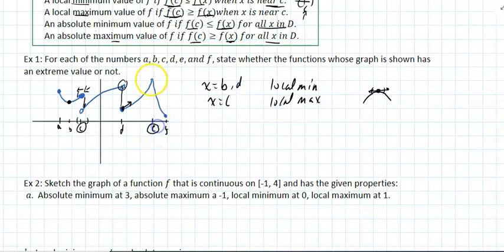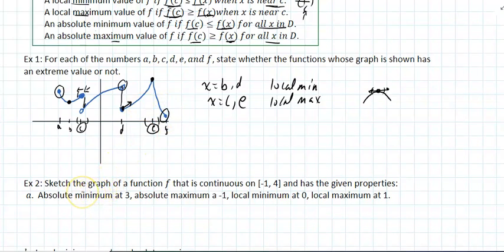Here's another point, E. Around E by small margin left and right, this is a peak. That is a maximum. Well, now what? Now the endpoints. At x equal a, I can't call that a local because it's an endpoint, and f the same deal.